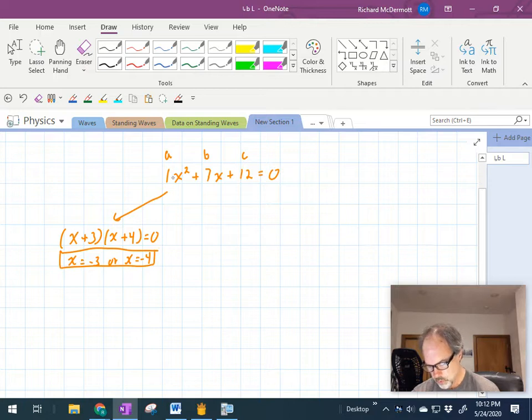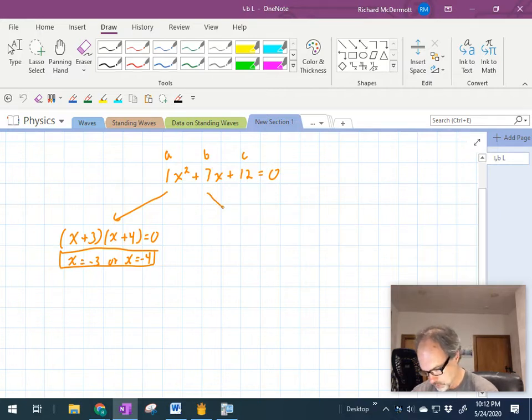Right? And this works really well for well-behaved quadratic equations. But in physics, we're going to get some pretty nasty quadratics, and we're going to want to use the quadratic formula whenever we can. And then we can just use our calculator to solve the quadratic equation for us.